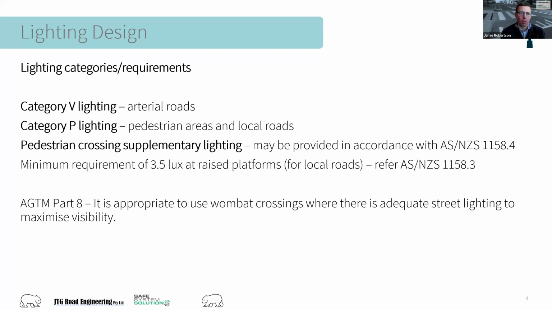As an absolute minimum requirement, a lighting level of 3.5 lux, that's horizontal illumination of the crossing, is required at raised crossings. Now that particularly applies to local road environments. On more major roads, it's likely we'll have a V category lighting scheme in place and a higher lighting requirement.